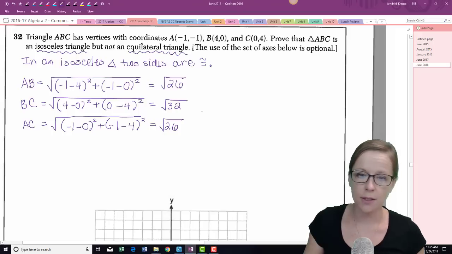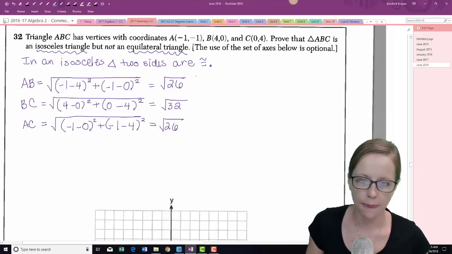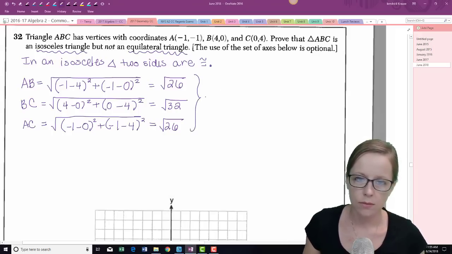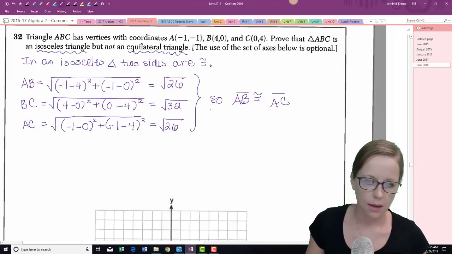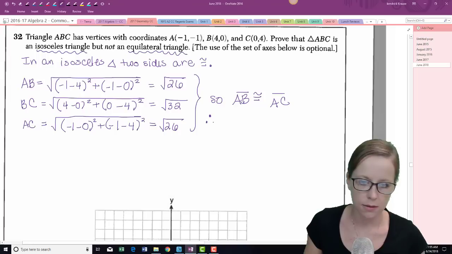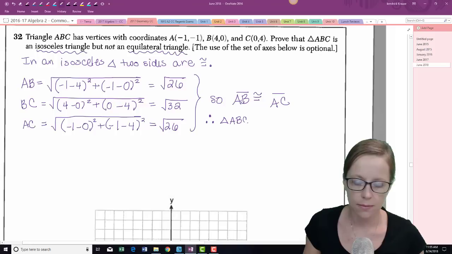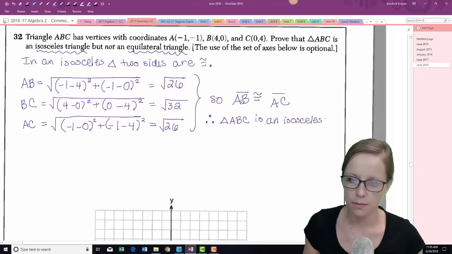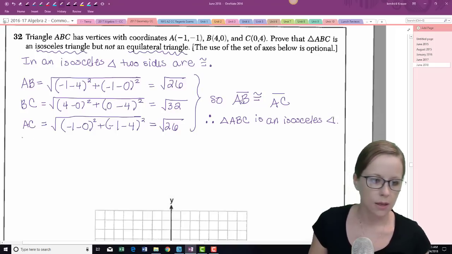So what that gives me is that AB is congruent to AC, therefore triangle ABC is an isosceles triangle, right?